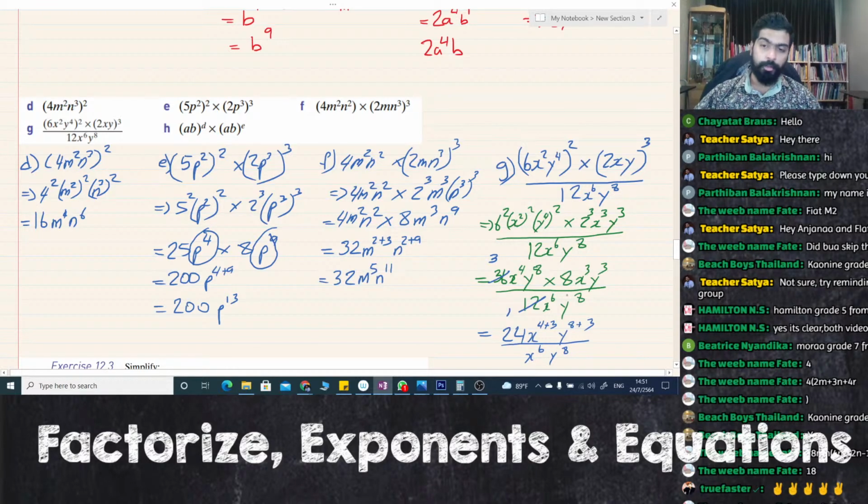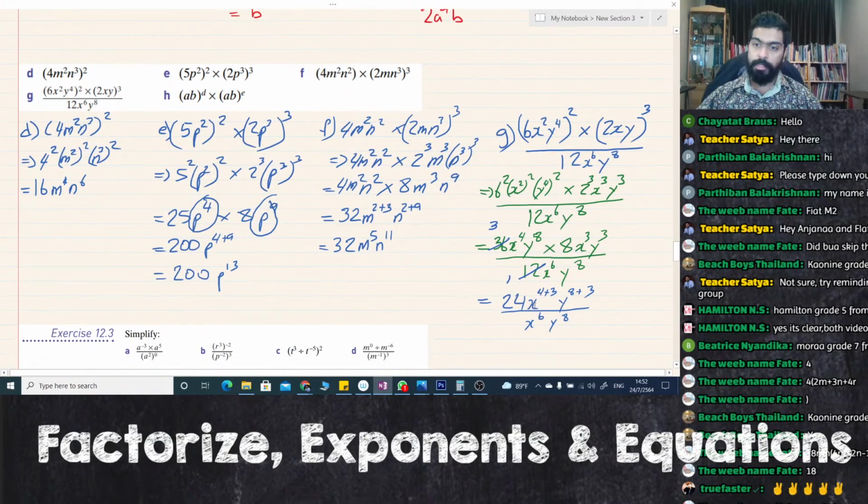Now, of course, you might be thinking, why can't we simplify this y to the power of 8 and this y to the power of 8? If you did it that method, that is totally fine. You can do that. The final answer will still be the same, guys, all right? So if you went ahead and simplified these two, y to the power of 8, the answer would still be the same, all right, guys?